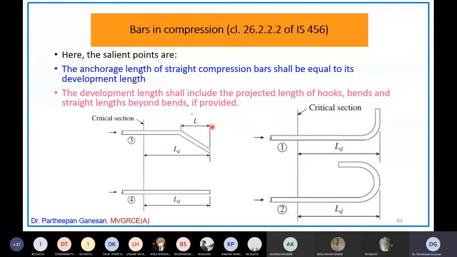But if you have a straight bar, the development length itself becomes the anchorage length. The anchorage length of a straight compression bar shall be equal to its development length. And if there is an inclined bar, then you take only the horizontal portion, that is LD, the development length. Okay. These are all the bars in compression.